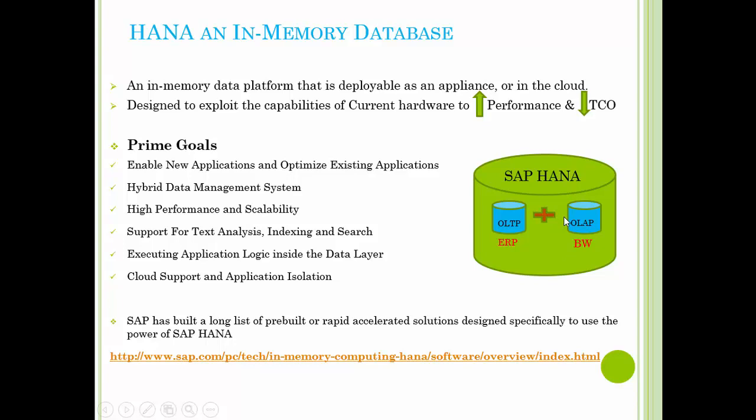The reason for calling it an appliance is that it combines both certified hardware and software. No doubt we should have certified approved hardware which is delivered by certain vendors, and software needs to be configured for usage. It's not just software which can be downloaded and installed like any other Windows software. It is an appliance. It is a platform for many applications.